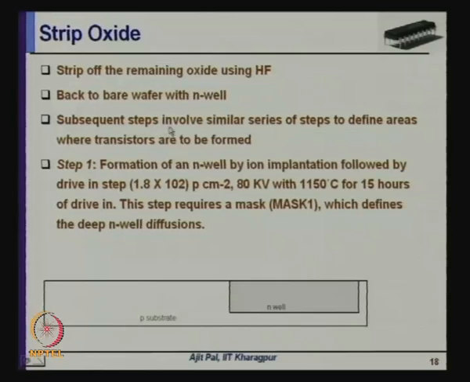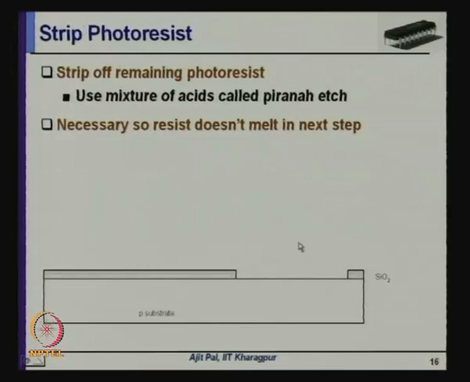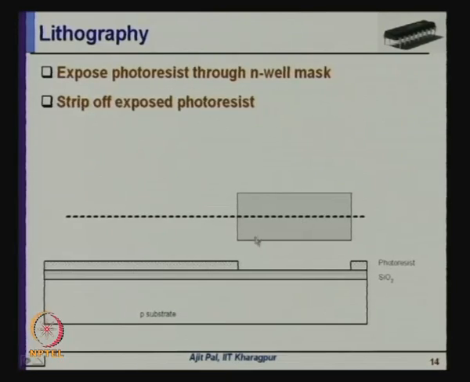Subsequent steps involve a similar series of steps to define areas where transistors are to be formed. So, formation of the N-well by ion implantation, followed by the drive-in step, as I have already told. This step I have already discussed. This is done by using mask 1.